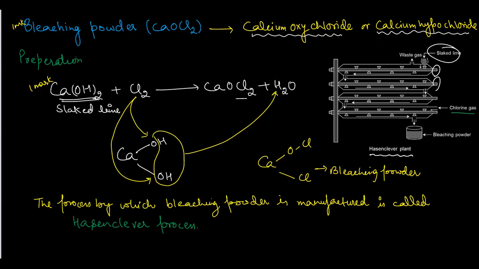We add the slake lime from this portion, so it moves downward and the chlorine gas we pass from this. In this way, what comes out here is called the bleaching powder. That is called the Hasen-Clever process.